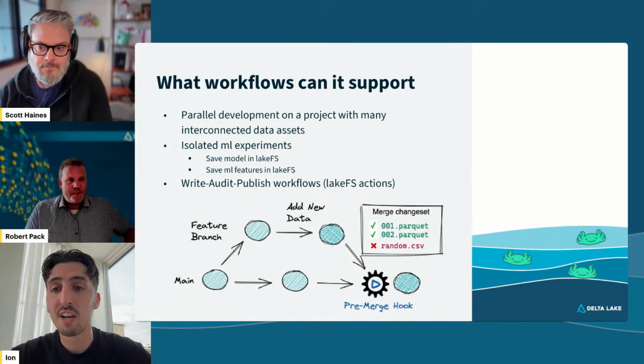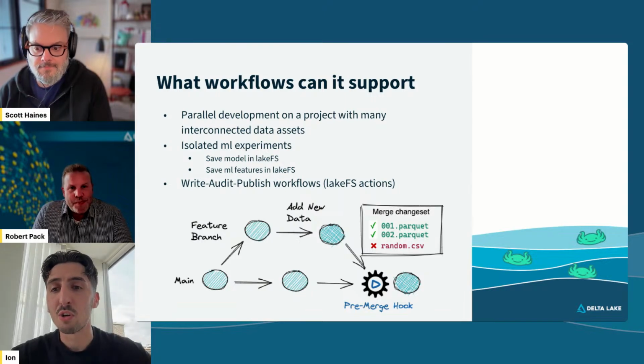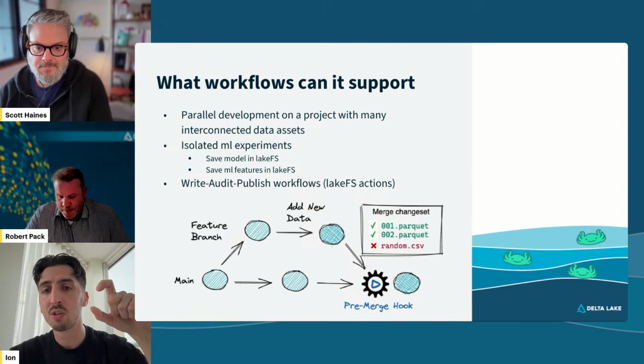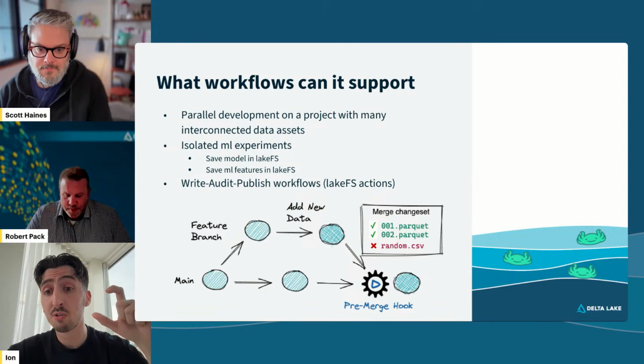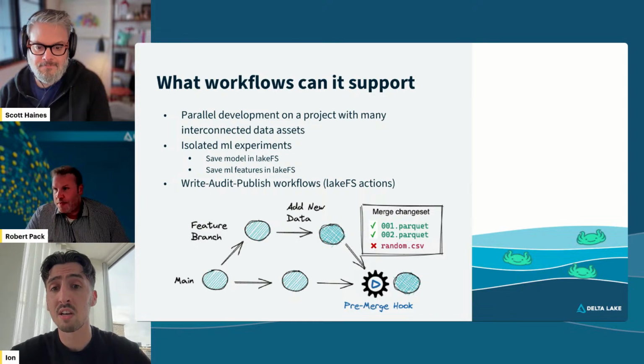You can create a feature branch, add some data to it, and now you define certain hooks that hook into the lifecycle of your Git semantics. So you can have a pre-merge hook, but you can also have a pre-commit hook and a pre-tag hook. There are many types of hooks you can define in LakeFS actions, and you can think of many use cases with that.